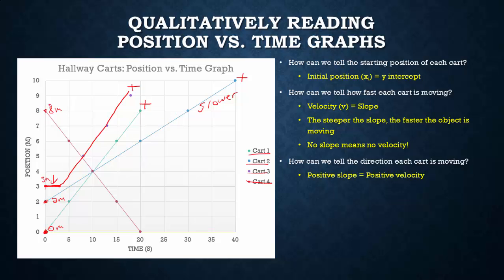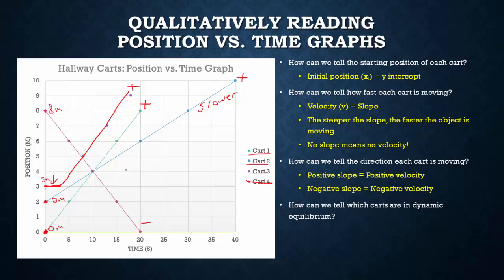For cart number 4, we have a negative slope. The slope is angled downwards. Its position goes from 8 meters to 0 meters over the course of 20 seconds. So the slope for cart number 4 is negative, therefore it has a negative velocity. It moves in the negative direction.